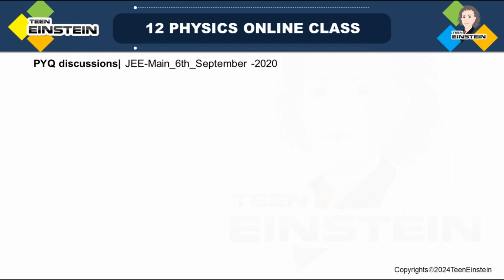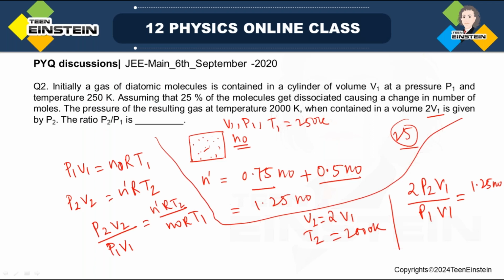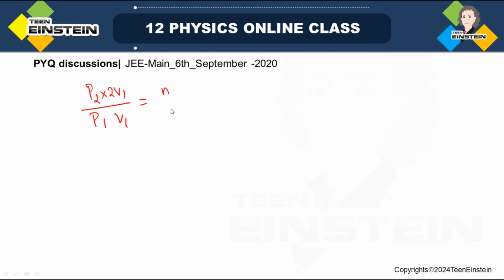So I have got P2 V2, which is 2V1, divided by P1 into V1, equal to N prime R T2, so N0 into 1.25 N0 R T2, where T2 is 2000 Kelvin, divided by N0 R T1. T1 is actually 250 Kelvin.